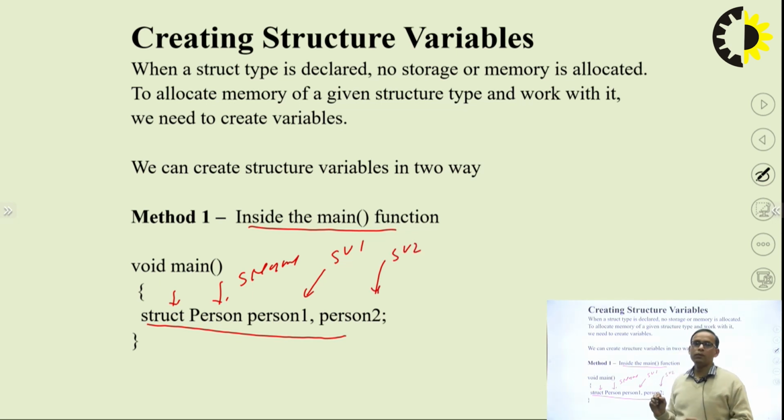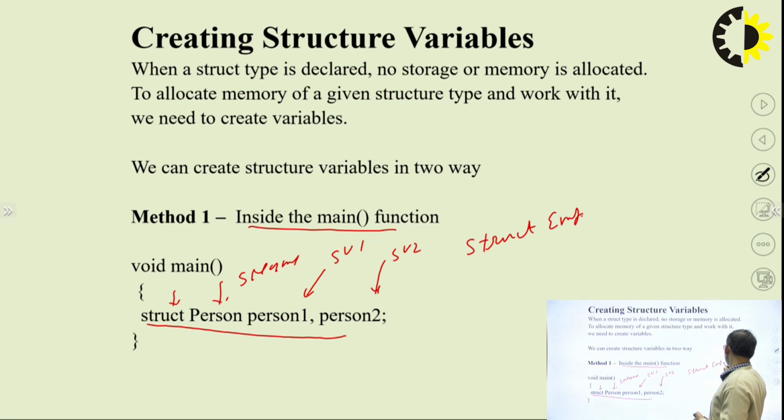Okay, suppose we have to store the information about two employees: name of the first employee, salary of the first employee, and employee ID of the first employee, and likewise the name, salary, and employee ID of the second employee. In that case, we simply create the struct variables using struct, the structure name employee.